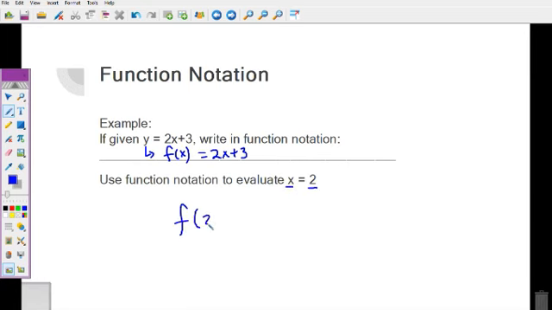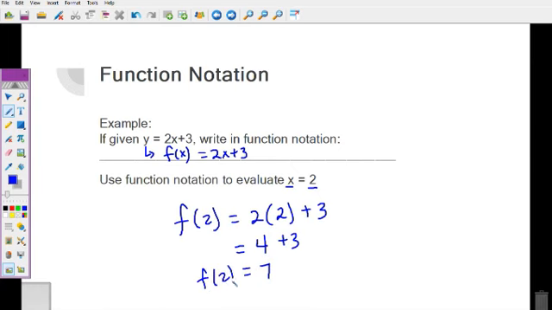So we have f of 2 equals 2 times 2 plus 3, which gives me 4 plus 3, which gives me 7. So f of 2 equals 7. And as an ordered pair, it would be 2 comma 7. And that completes our function notation.